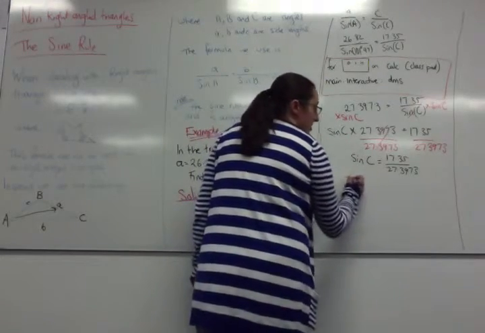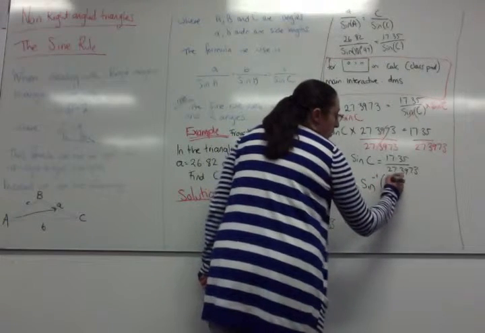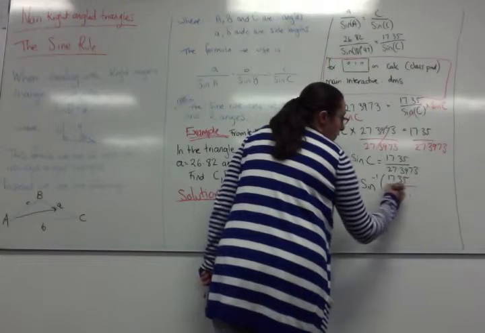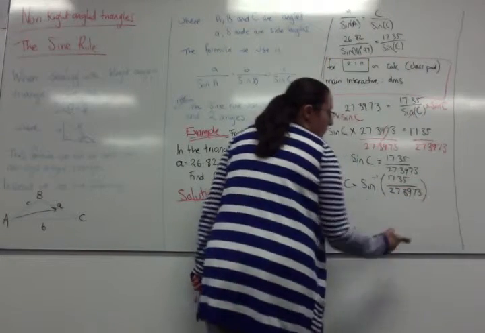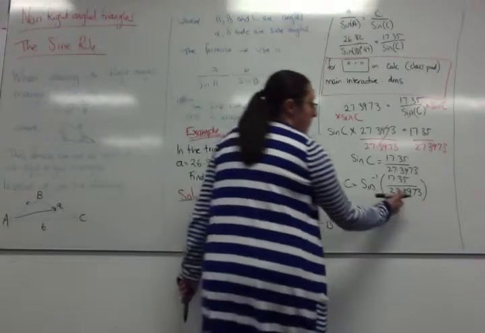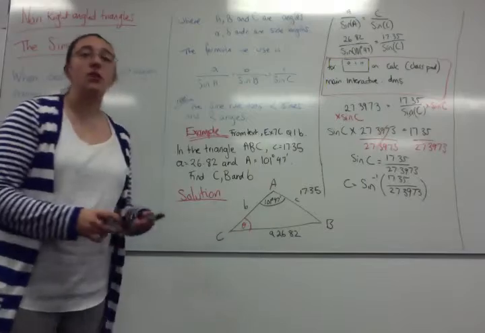Use the inverse. C is equal to the inverse sine of 17.35 over 27.3973. That is a 3 there. Find the inverse of that, and what do you get?